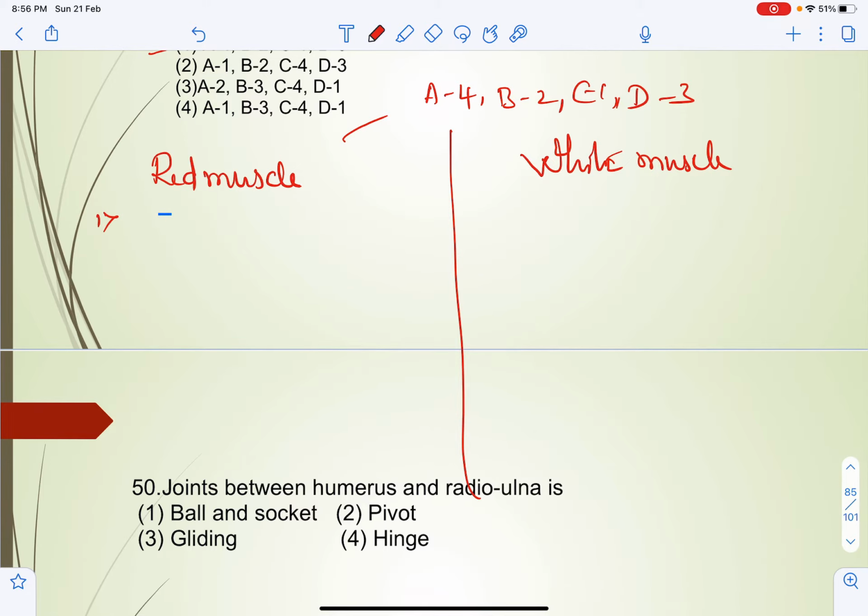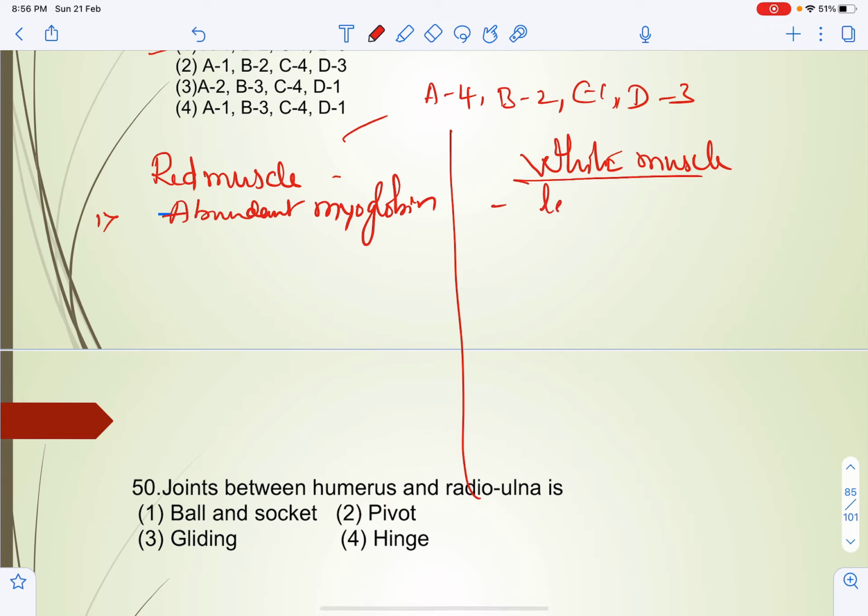Here we can see there is abundant myoglobin. In white muscles also myoglobin is present, but in less amount, less myoglobin, right.